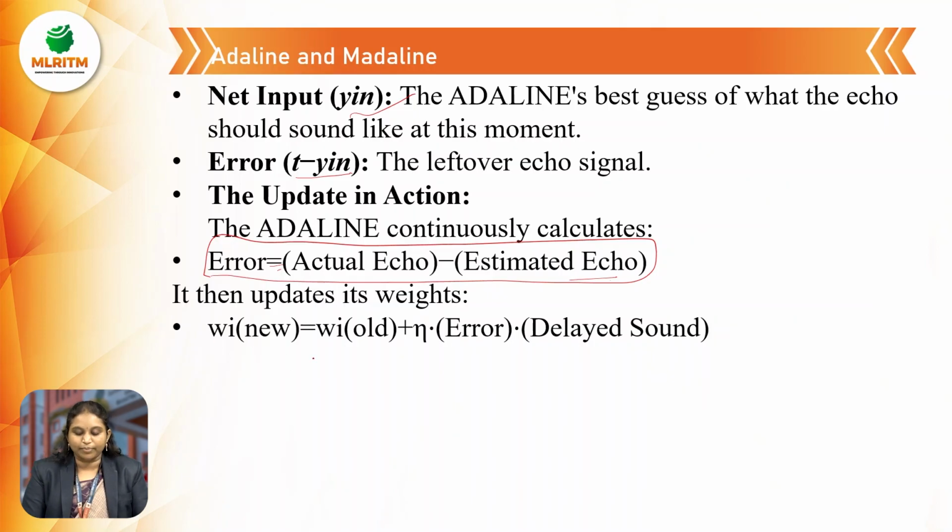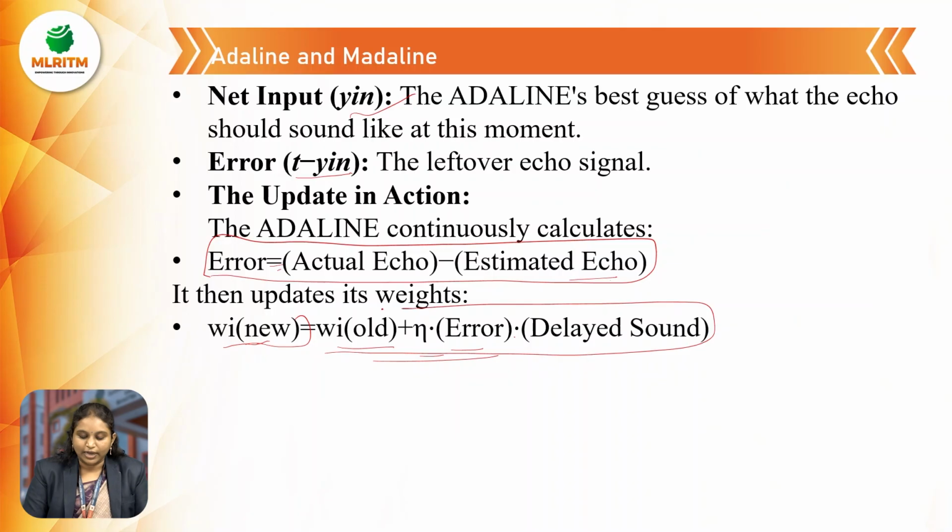It then updates its weights. As we know, the new weight is calculated from the old weight plus the true value minus the predicted input. So here, Wi new equals Wi old minus the error we already got, times the delayed sound. This is the formula for updating the weights of the sounds.